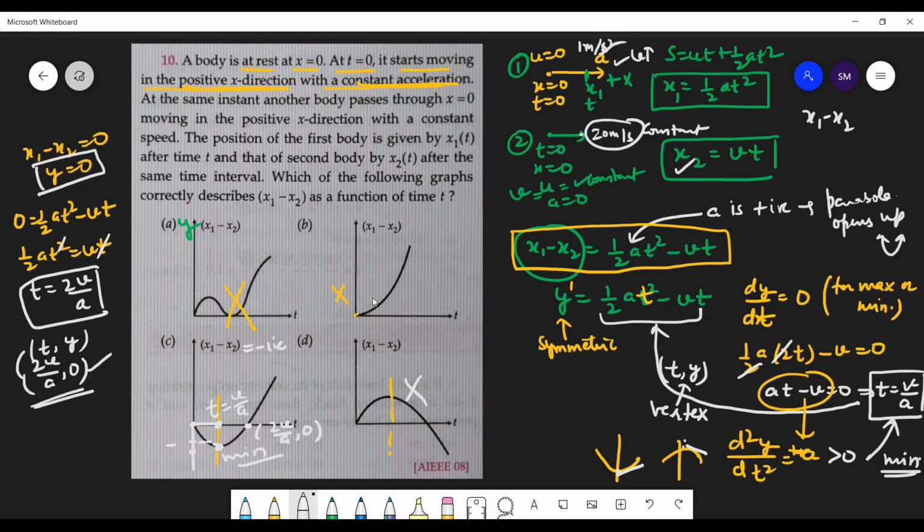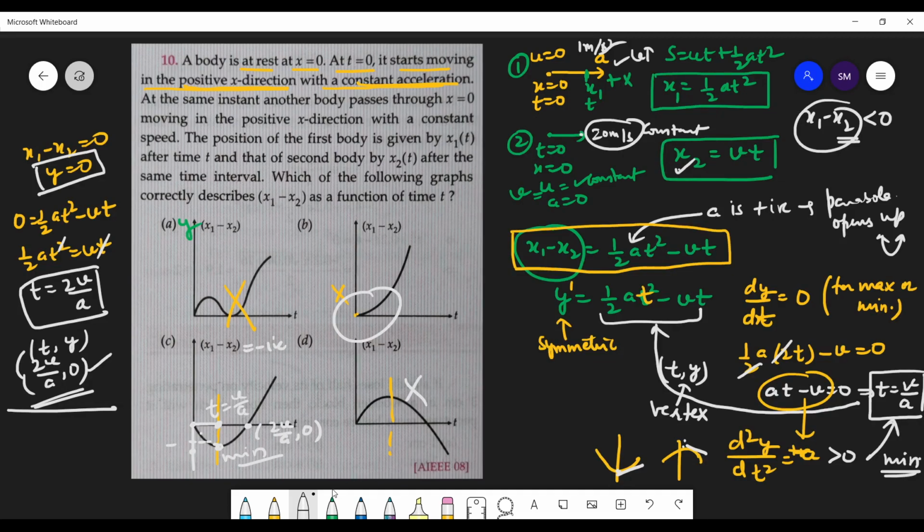So even through this simple logic, even if you don't do this calculation, you can tell that yes, initially x2 will be greater, so this will be less than 0. Is this clear, students?